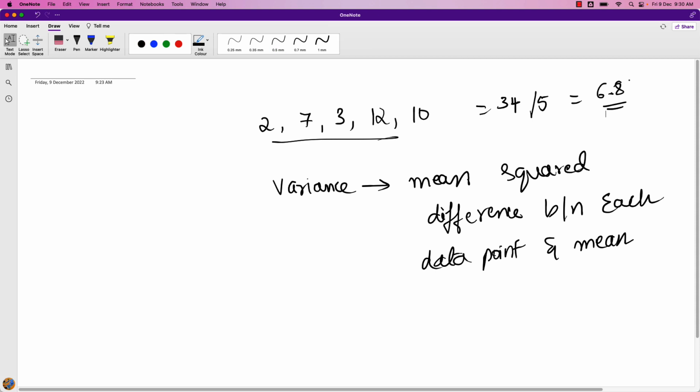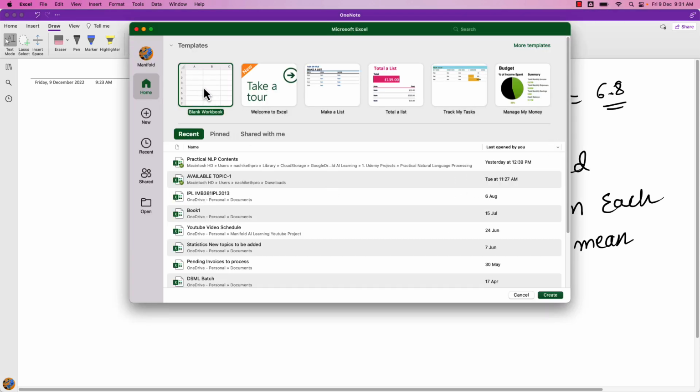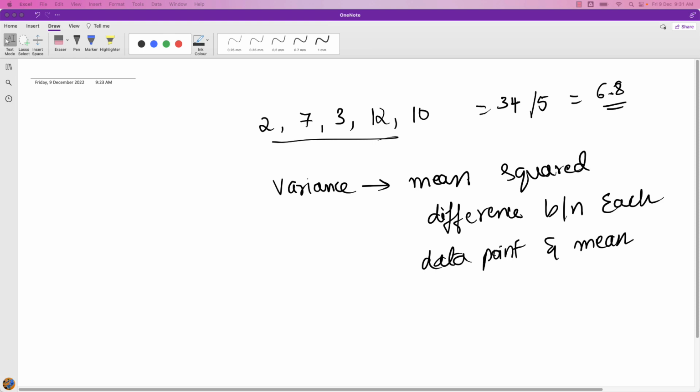Next, in order to calculate the variance, I'll take the difference of each and every data point from the mean and square it. Once I add these up, that will give me the variance. So let's use the Excel sheet itself, which will help us perform the activities more easily.